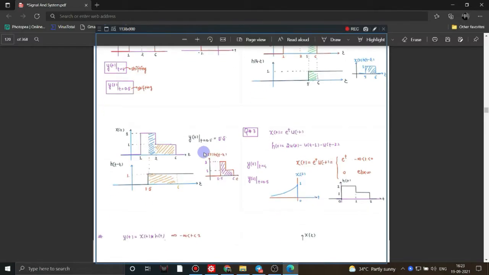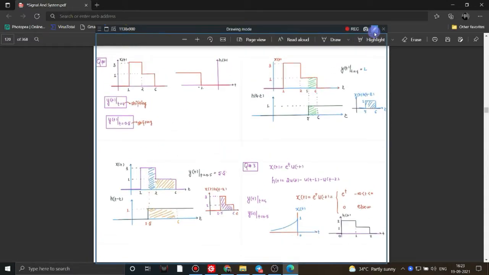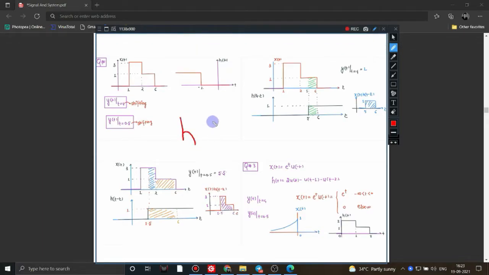And now moving to the second part. Now you all know how to make the graph of h0.5 minus tau.